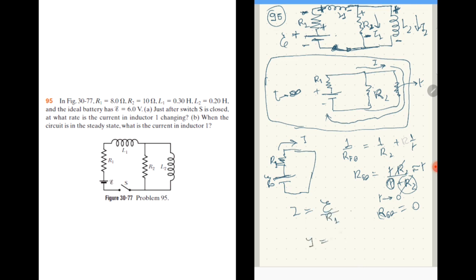So the current is 6 volts divided by, I don't remember exactly the magnitude of the first resistor, I think it's 8 ohms. So this gives us, I know the answer, 0.75 ampere. So this is the solution to the second letter, letter B.